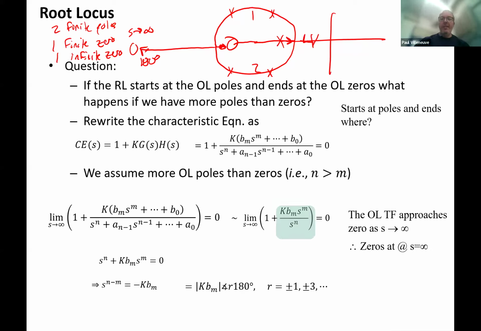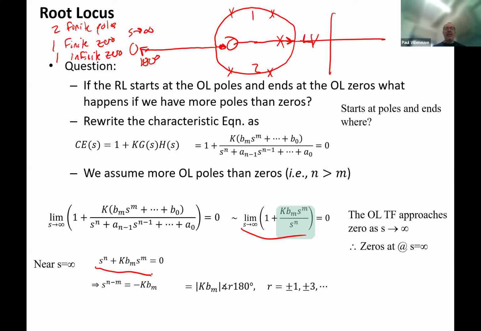The open loop transfer function approaches 0 as S approaches infinity. So we're going to do our limit function here, and we end up with that, as S approaches infinity.